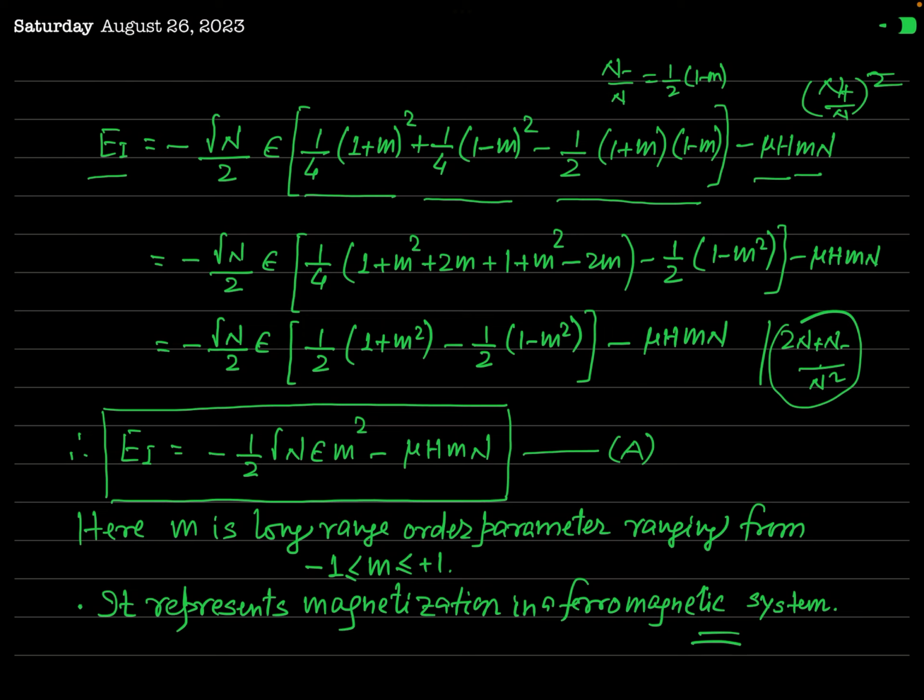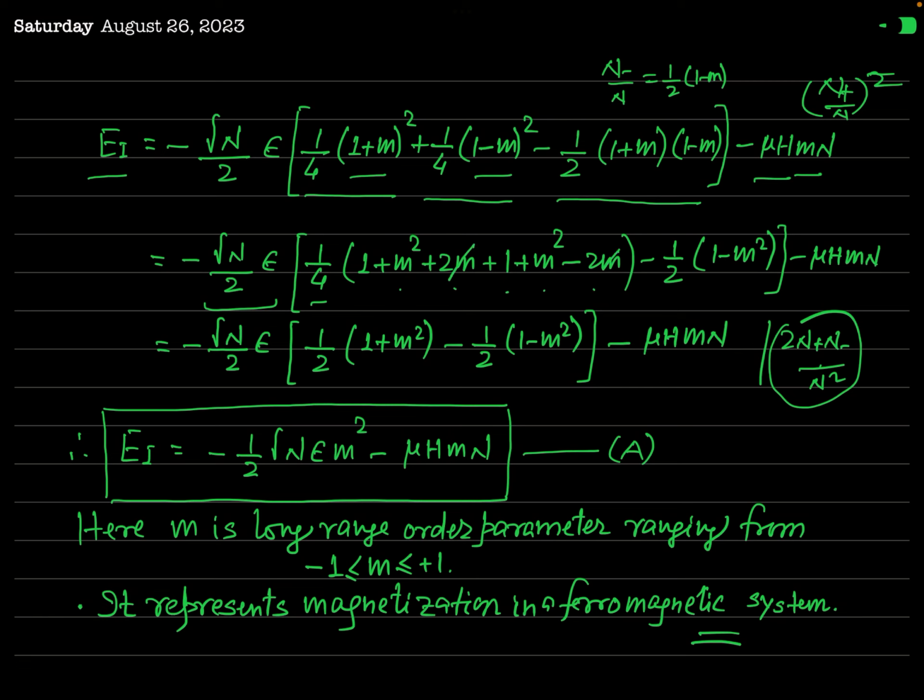The factor outside of this square bracket remains as it is, you can see. And now we will expand 1 plus m whole square and 1 minus m whole square, and we will take this 1 by 4 as a common factor. So this will be 1 plus m square plus 2m, okay, plus 1 plus m square minus 2m.